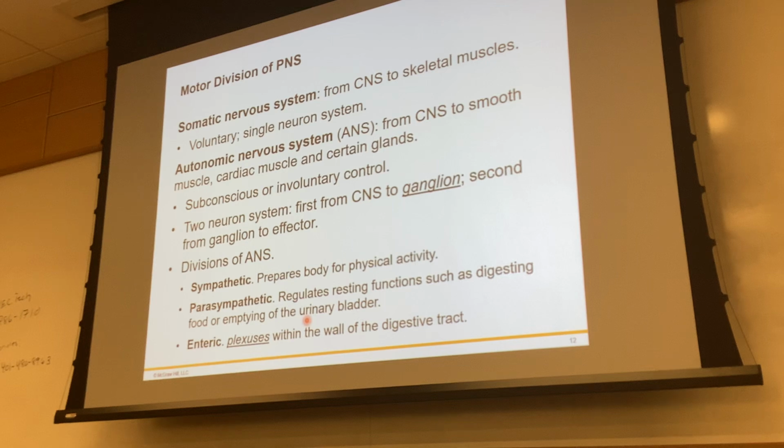And then there's also the enteric nervous system, which combines a series of neurons that are associated with the walls of the digestive tract and the thoracic cavity that are really, really complex. And those are a series of plexuses within the walls of these systems here, largely the abdominal pelvic region and the thoracic region. And those combine with both motor and sensory signals that send signals to the central nervous system.